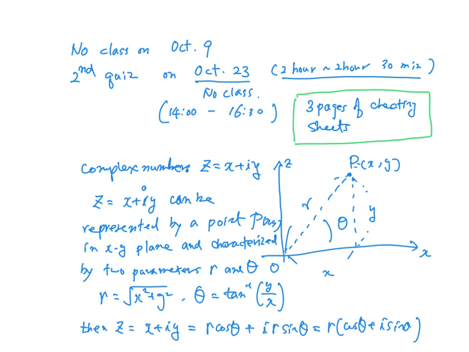This representation of the complex number z by r and theta is called polar representation. It has a name, polar representation, and was first used by the French mathematician René Descartes in the 18th century.